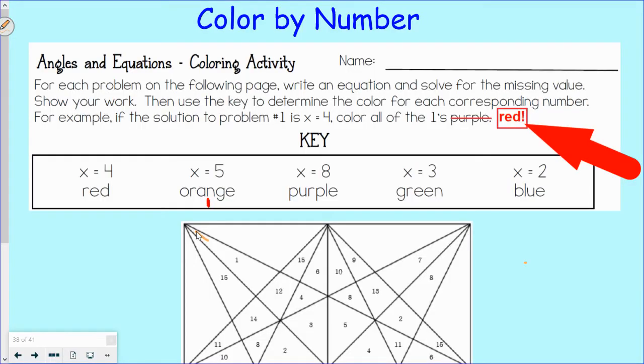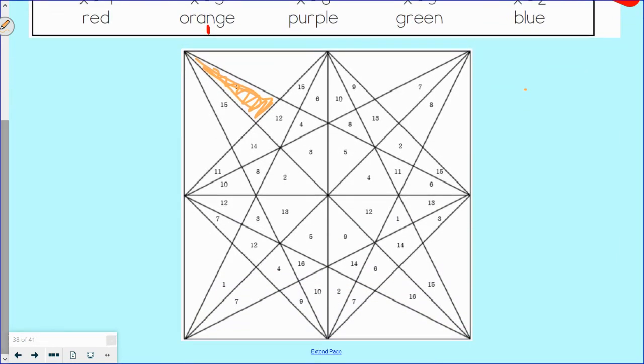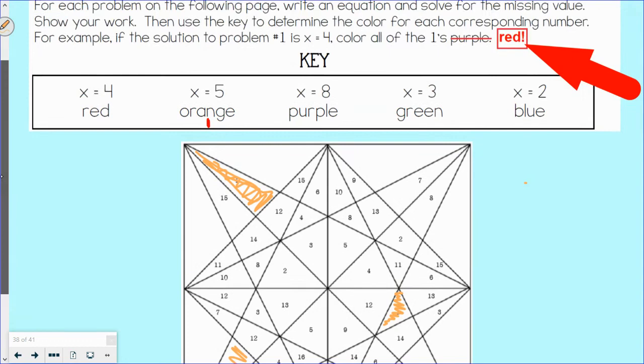Like right here, we're going to color this whole triangle orange. All the 1s, there's more than one 1. Then this one here, you're going to color orange, and here's another one. Now, if you want to save time, solve all your problems first, and then you can color.